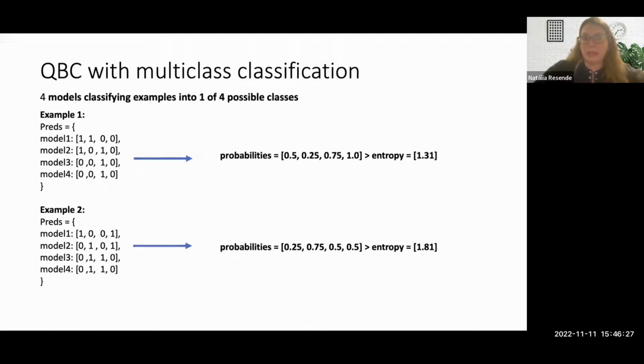So the chance of being present in one class is 50%, as in these examples here: example 1 for the first label, and example 2 for the third and fourth labels. Okay, does that make sense?